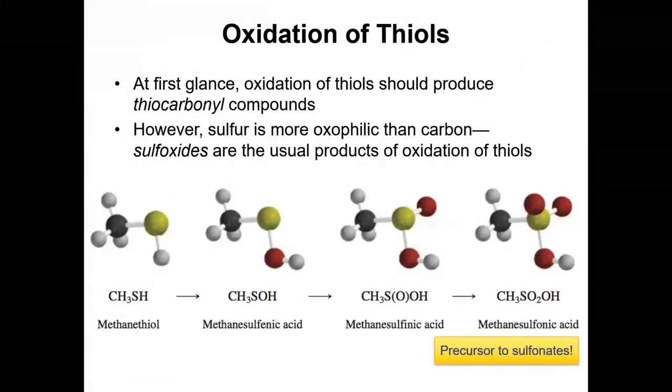I hope that by reviewing this, you can get a bit more understanding of the elimination and substitution competition. This is very important in Organic 1, and we are probably going to see it a few times in Organic 2 as well.